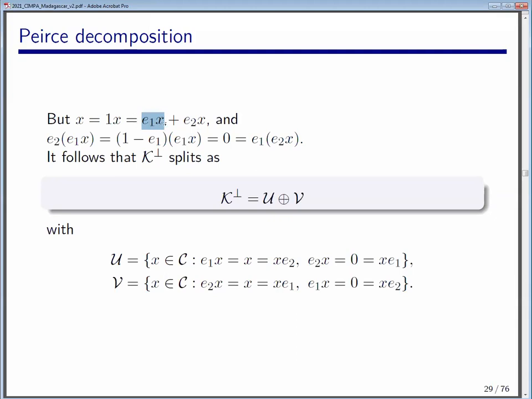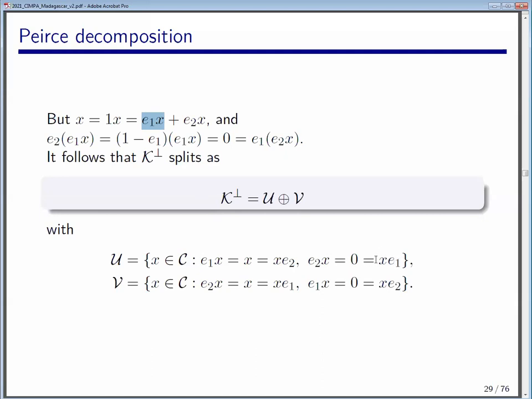The first element, if you multiply on the right by E2, well, we know that we can move idempotents to the other side by changing the idempotent. So we get E1x. So the first element, E1x, satisfies that whenever we multiply by E1, we get the same element, and the same when we multiply by E2. And then these two extra properties are proved in the same way.